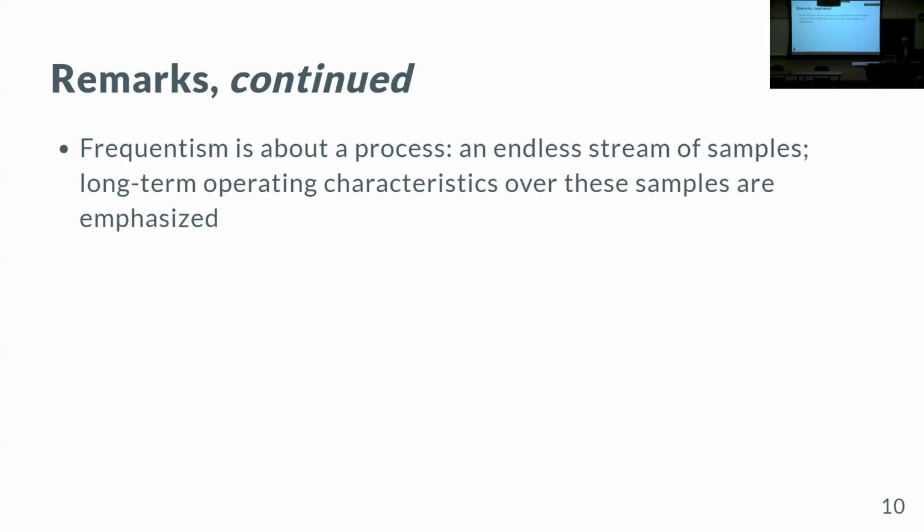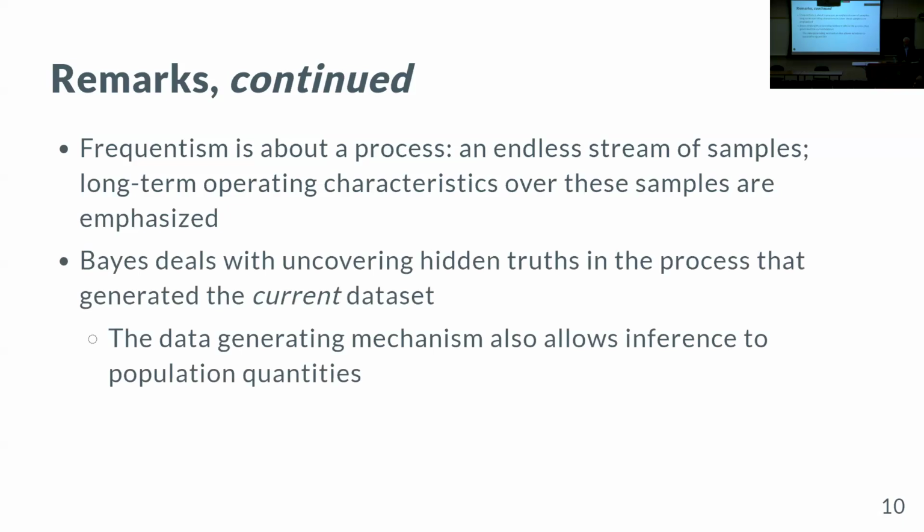Has nothing to do with anybody's data. It doesn't use data in its calculation. So why should we put so much interest in something that doesn't even use our data? Bayesian deals with uncovering hidden truths in the process that generated the current data set. To me, that's a bit more relevant. And that also allows you to draw inference to population quantities if you want to think in the more usual sampling from a population frame.